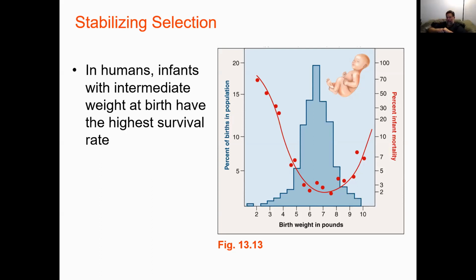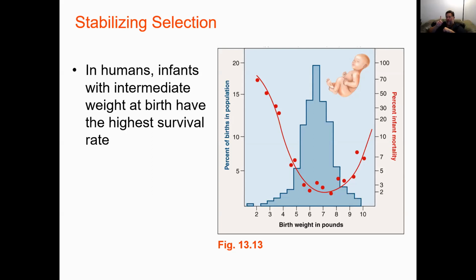Too small of a baby, a preemie kind of size baby, is also very bad. The baby's not likely to survive, particularly a couple hundred years ago when modern medicine was really bad. So again, what is the just right baby? Around 6 or 7 pounds.